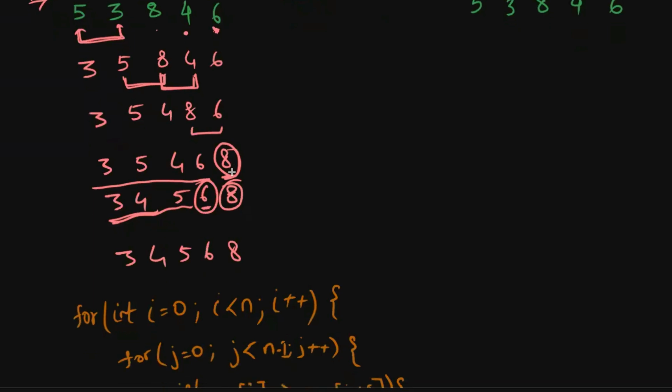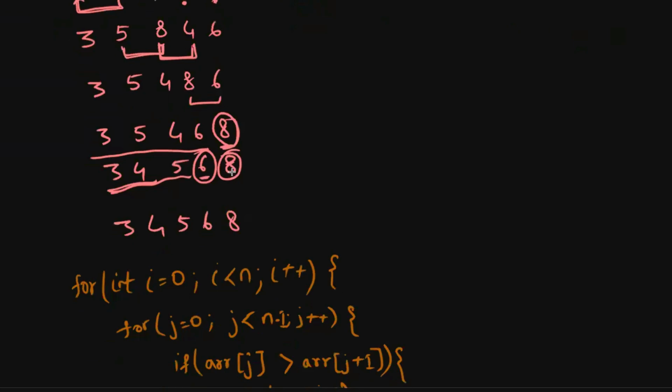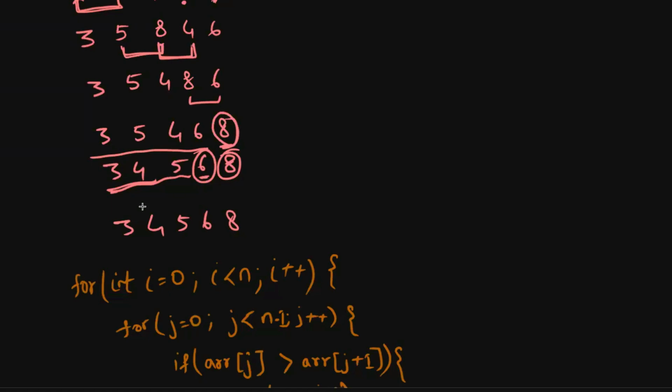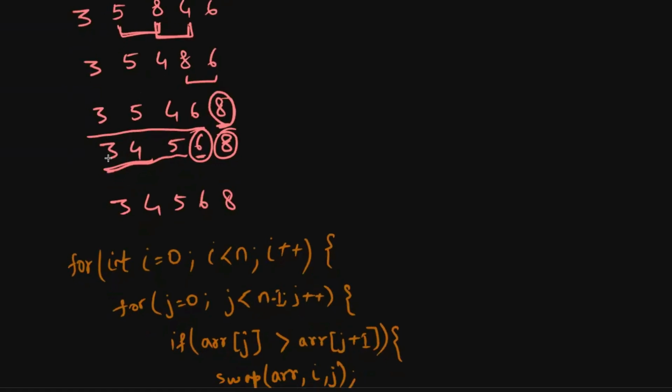Okay. Now, next, when I becomes 1, because this is going to run 5 times since n is 5, 0 to 4, again this comparison would start. 3 will be compared with 4.